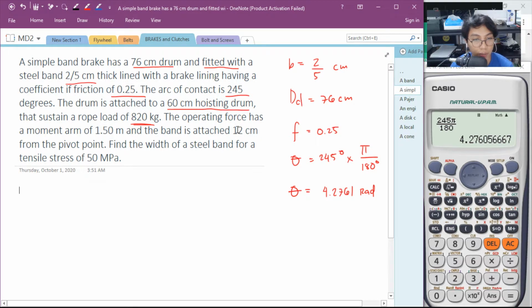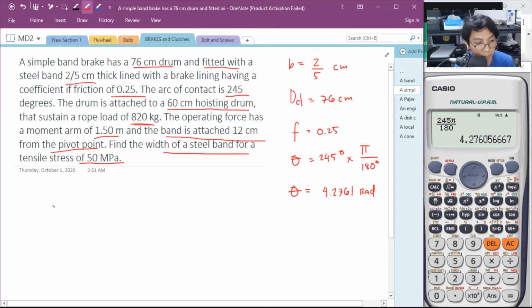And the operating force has a moment arm of 1.5 meters and the band is attached 12 centimeters from the pivot point. Find the width of the steel band for a tensile stress of 50 MPa.